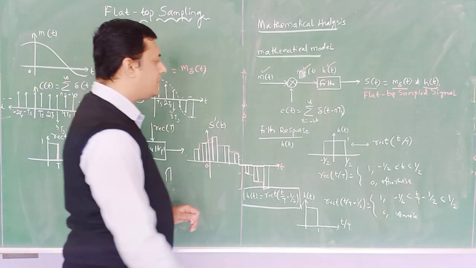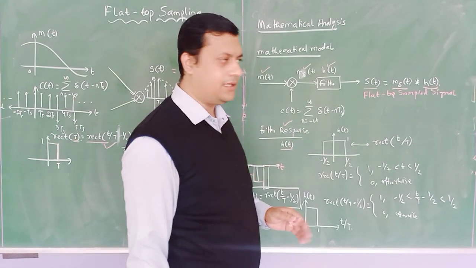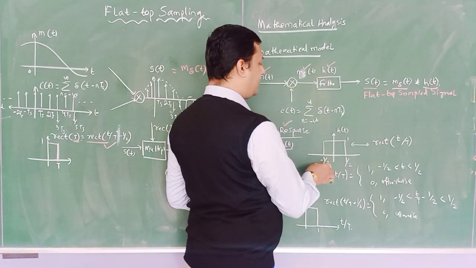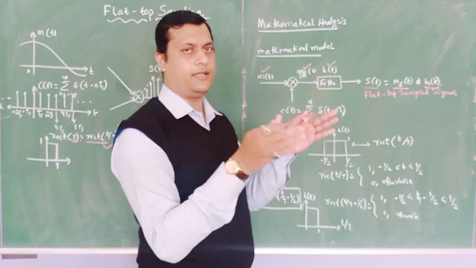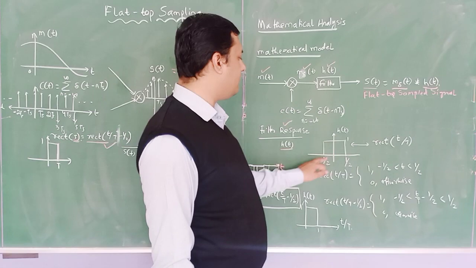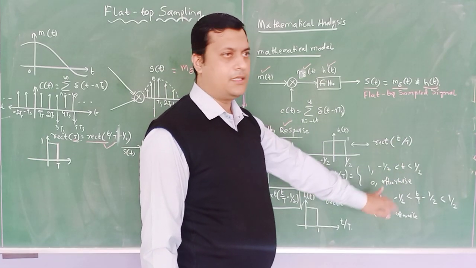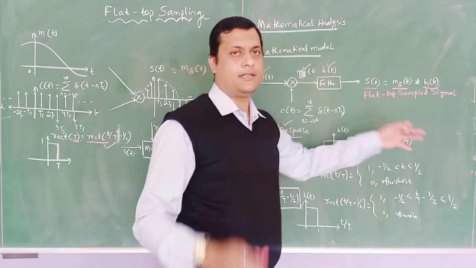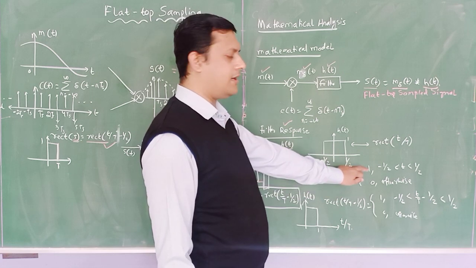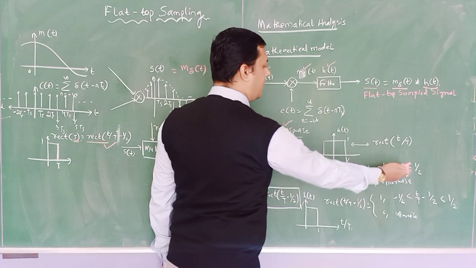The filter response is h of t, and the rectangular function we are considering is rect of tau, which has a total duration of 1 and amplitude 1, from minus half to half. It can be written as rect of t by T, where T is the pulse width. So rect of t by T is equal to 1 when it lies between minus half and half.